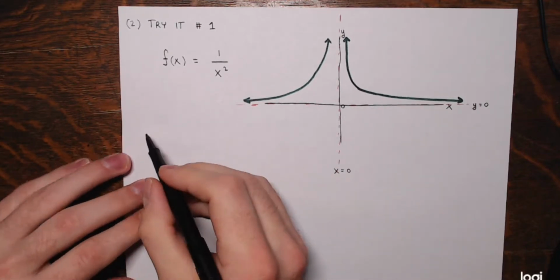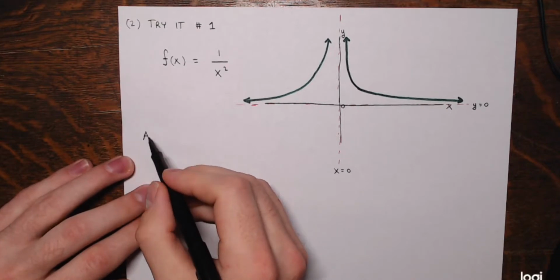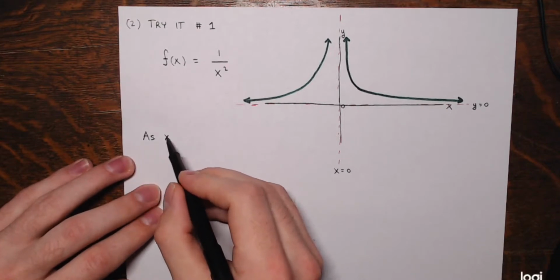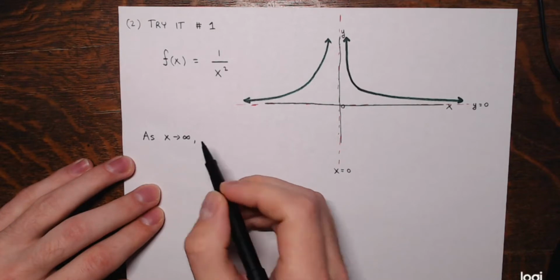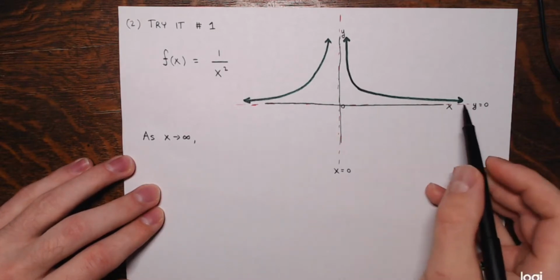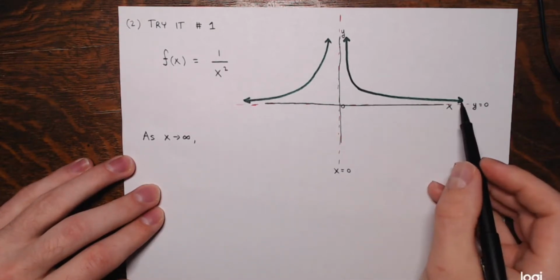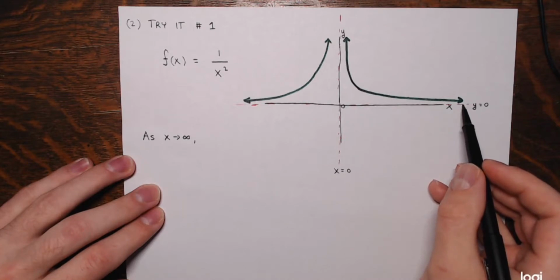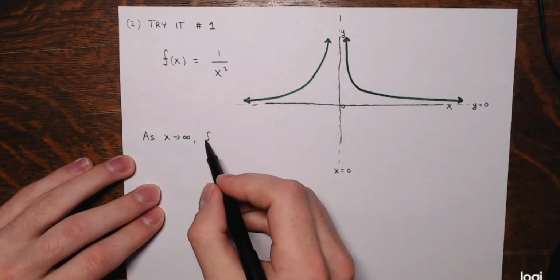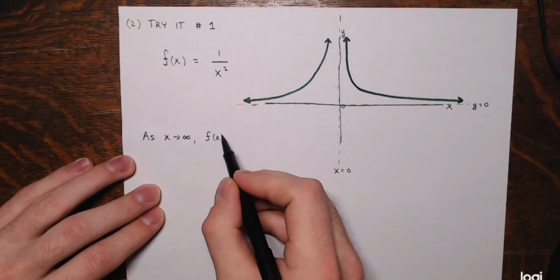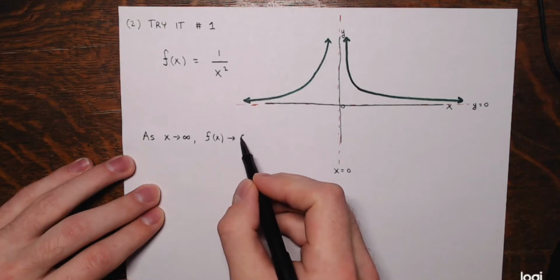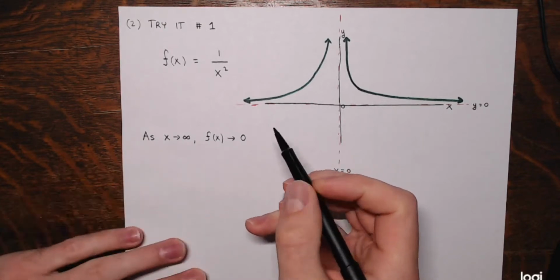But we're seeing that, if I talk about end behavior, as x approaches infinity, as you go to the far right forever, the value of the function is going toward 0. F of x is approaching 0. And same thing for the other side, right?